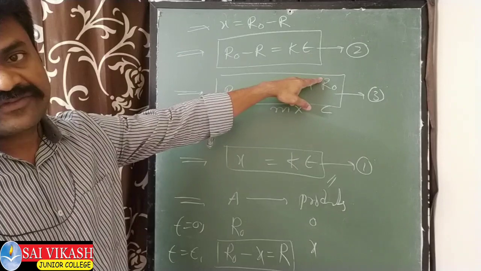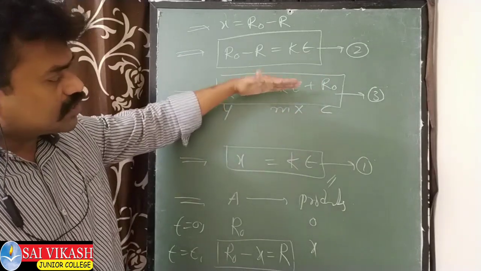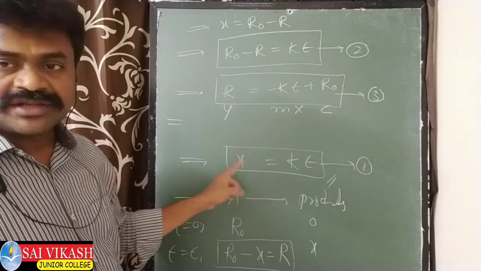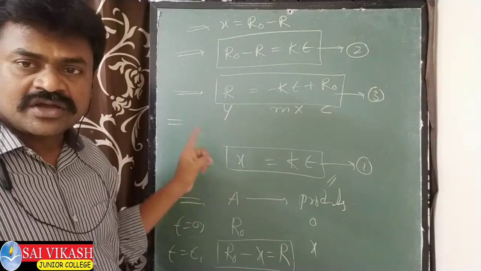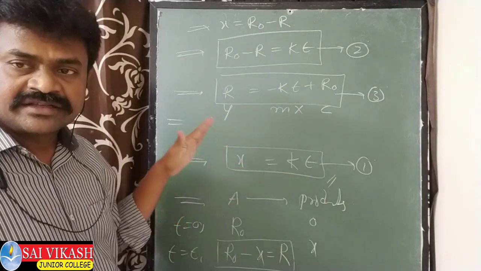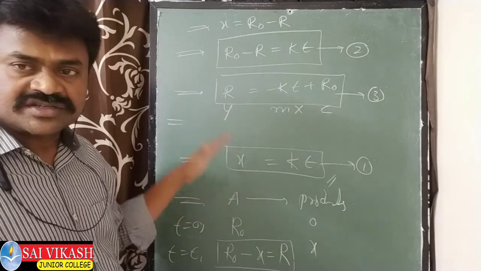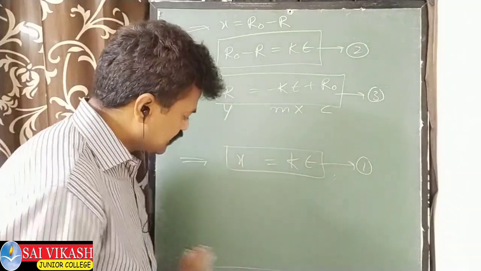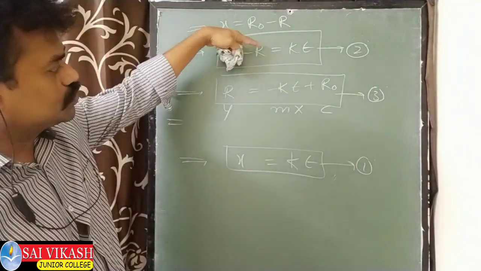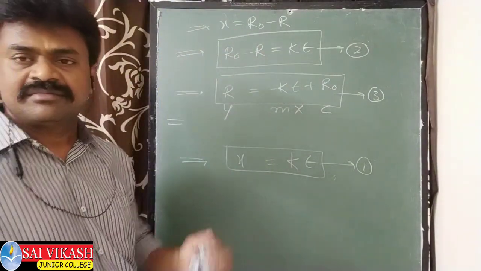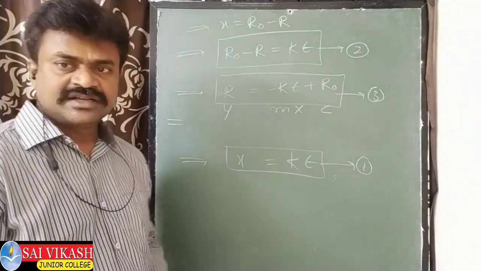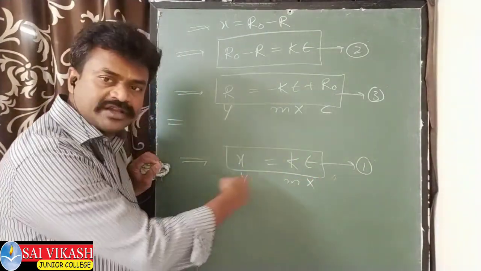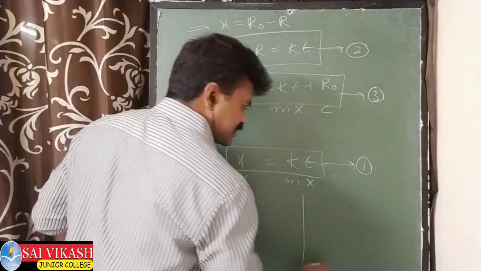I will draw the graph using equation number 1 and also equation number 3. Equations 1, 2 and 3 are all the same but in different forms. First, the graph based on equation number 1, which is in y equals mx form.